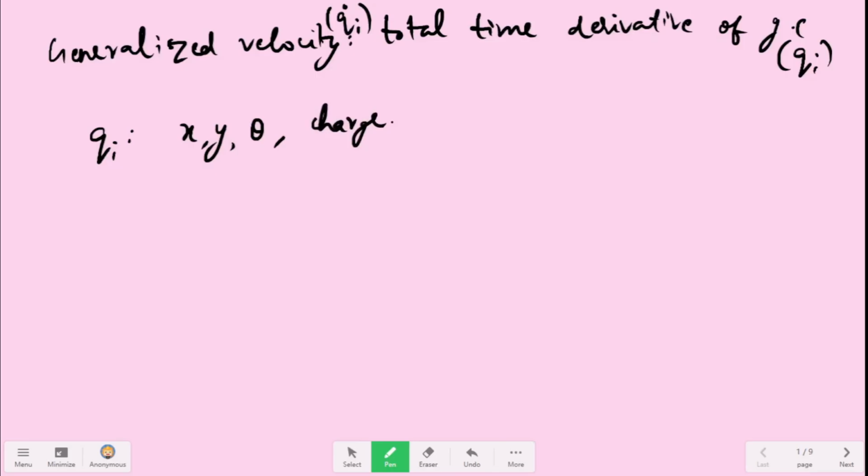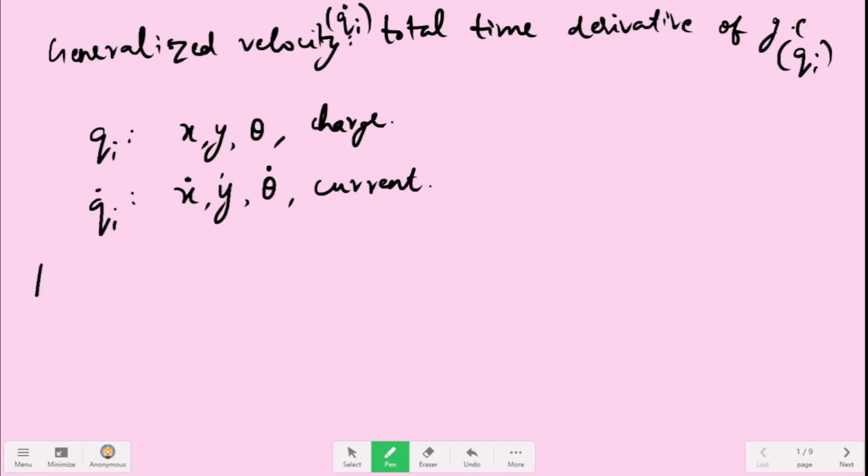So this is not particular to any field. And generalized velocities corresponding to x, generalized velocity is x dot, corresponding to y it is y dot, corresponding to theta it is theta dot, and corresponding to charge it is current, because if you take total time derivative of charge you will get current.